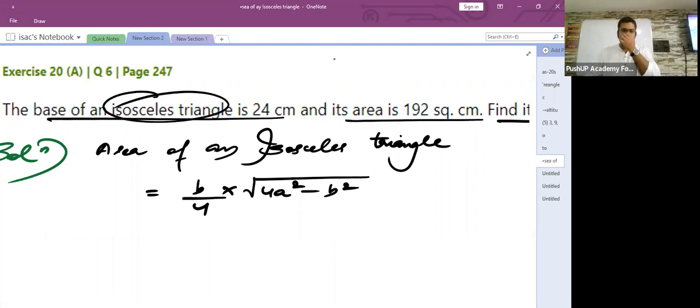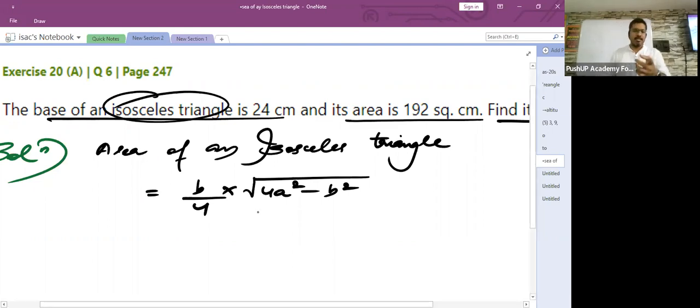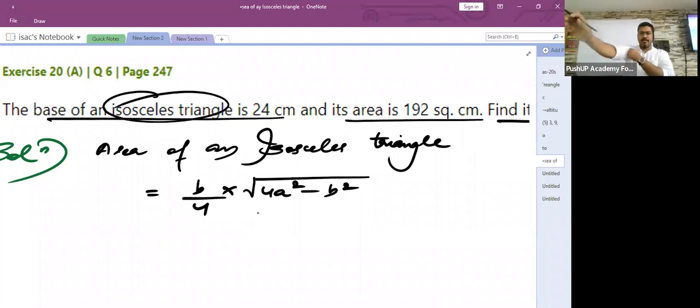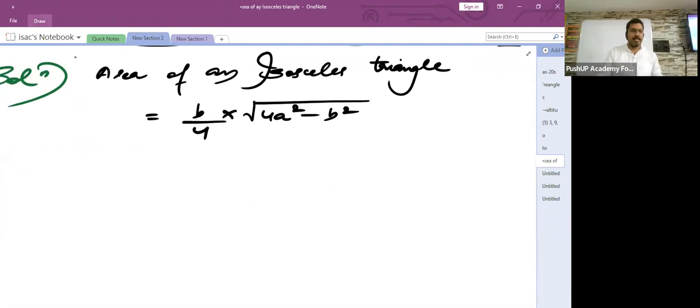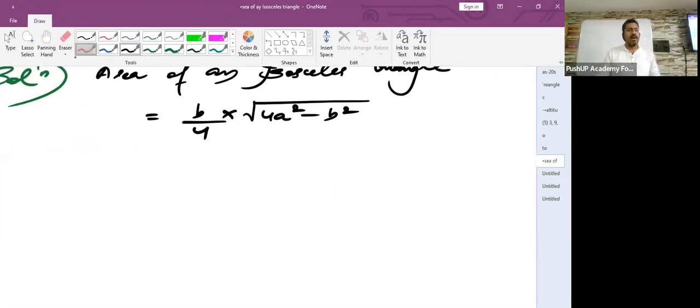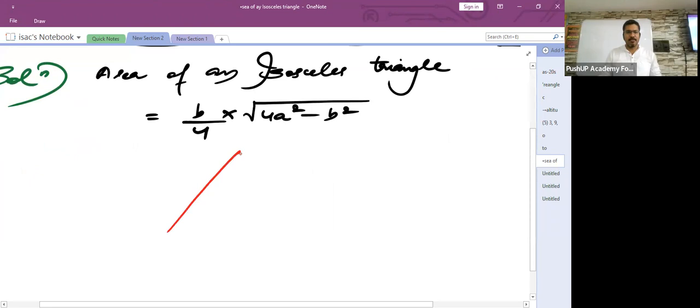All right. Partha, is this formula correct? B by 4 into square root of 4a square minus b square? Yes, sir. So now let me explain this formula. You all know how an isosceles triangle generally looks? Somewhat like this.